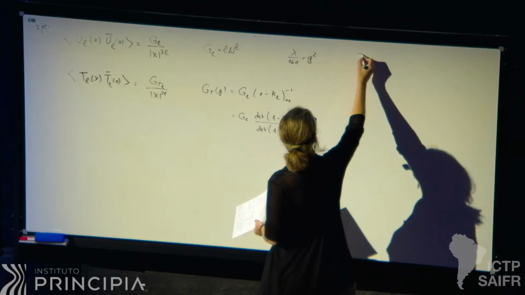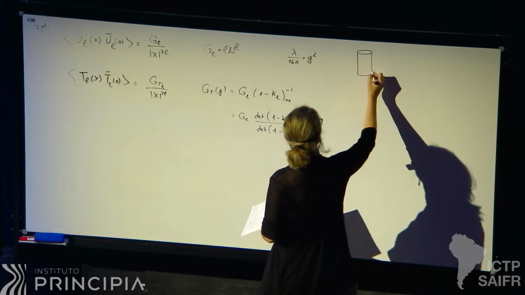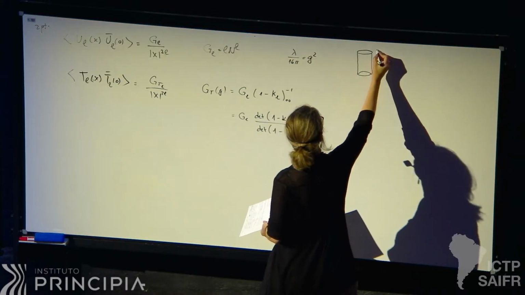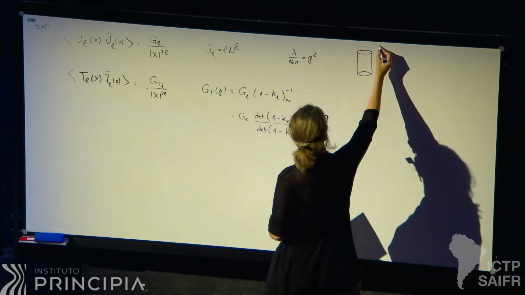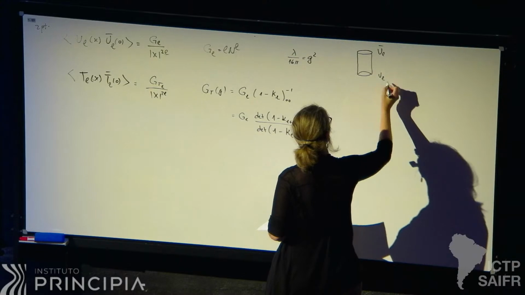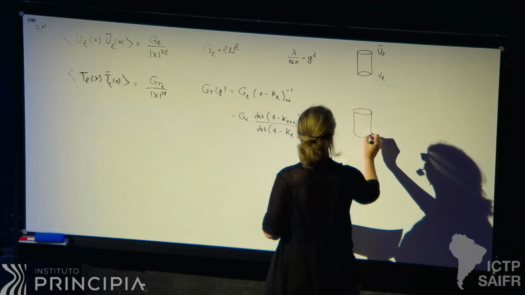So this object here will be something like this, the correlation function for the U bar L, UL, and here one has something like this.